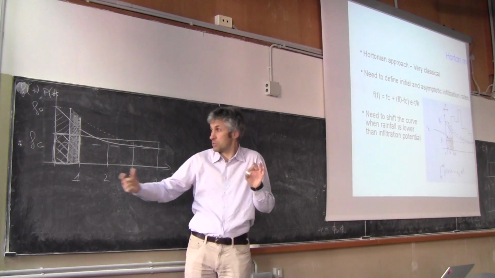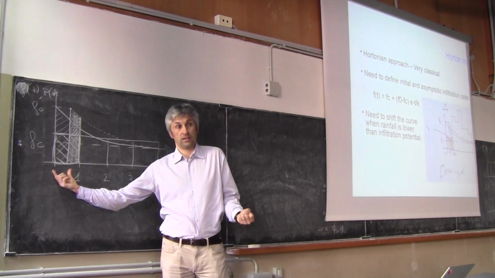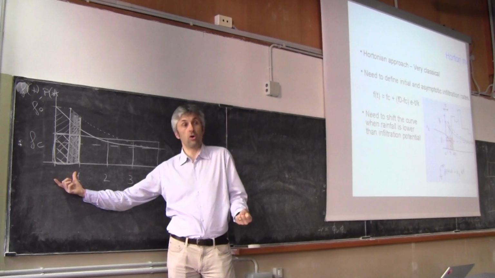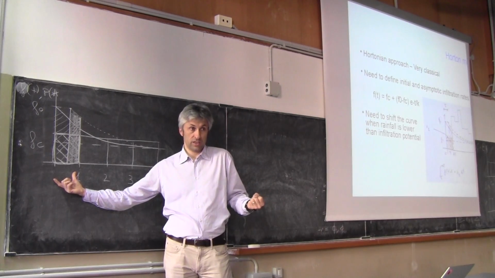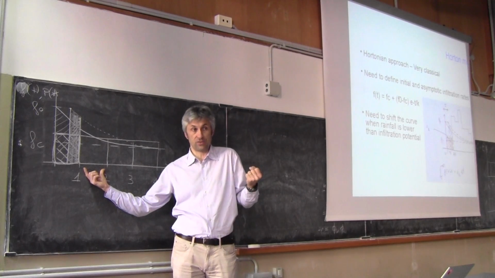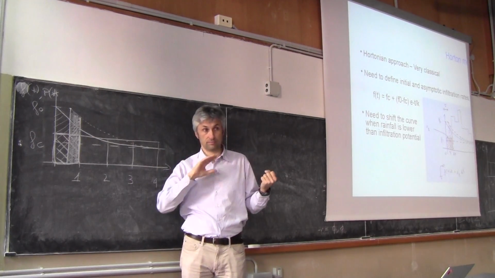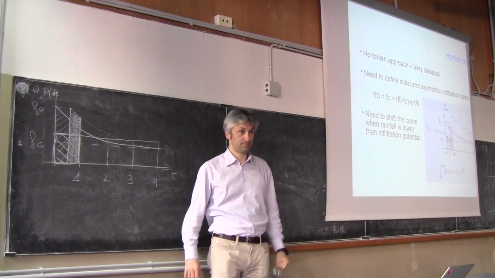Why above? Because my actual infiltration was lower than the infiltration given by the old curve. So if I want to update after 1 hour the infiltration curve, I should update a curve that is above the old one. Is this clear?